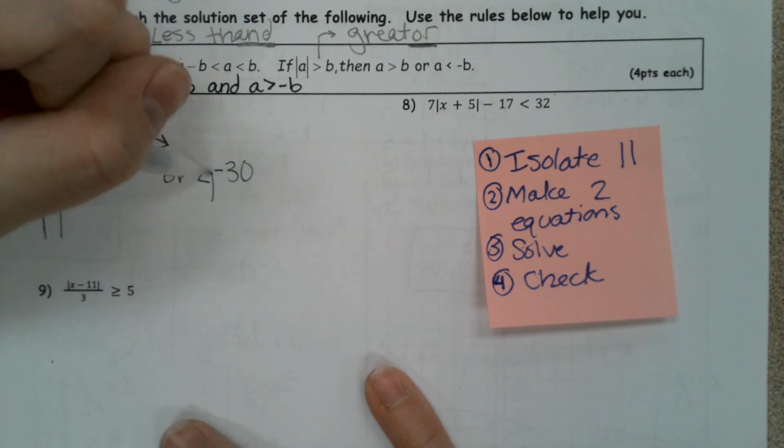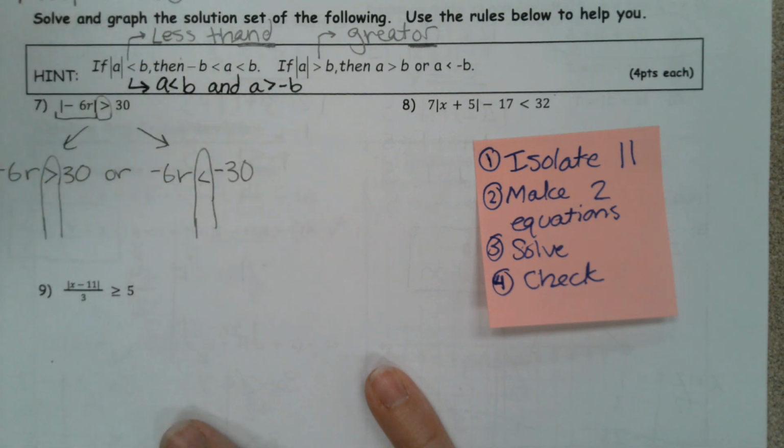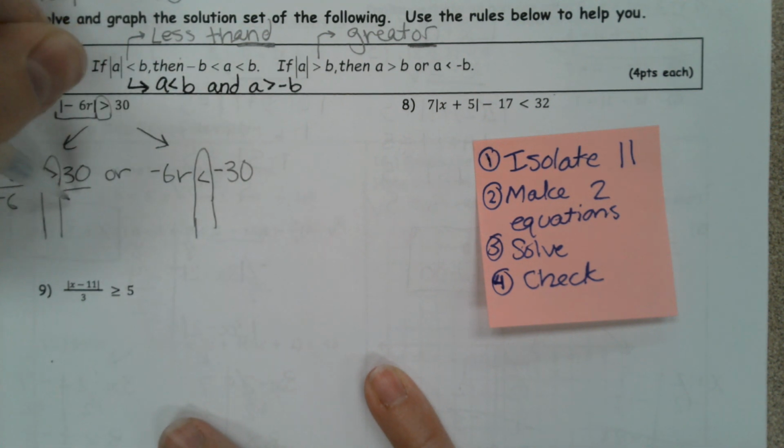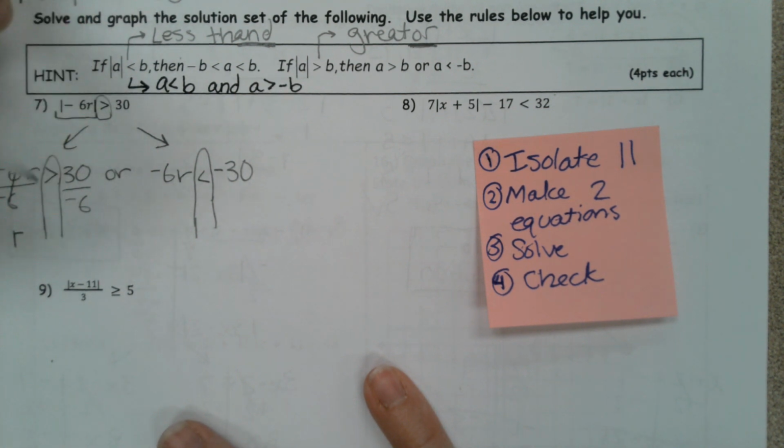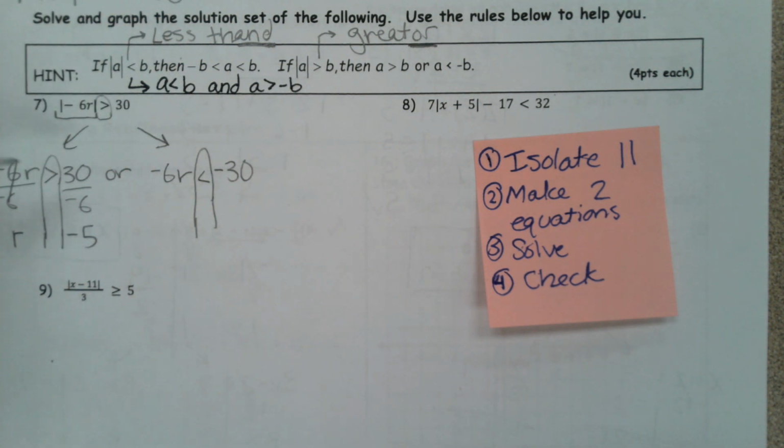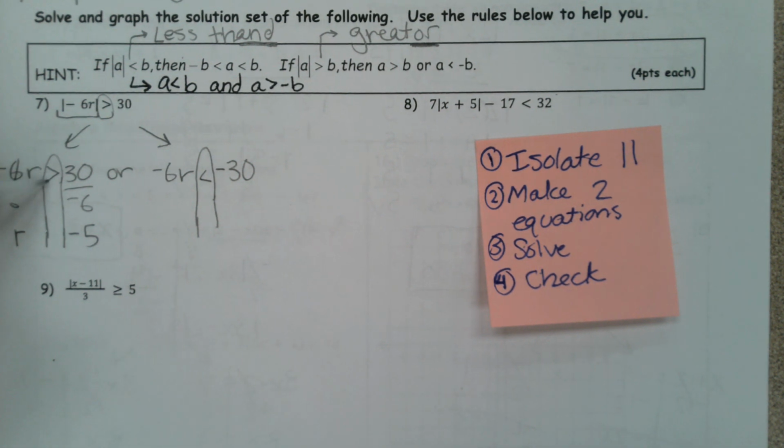Just one step for both of these. We need to divide off the negative 6. This cancels. We have R, 30 divided by negative 6 is negative 5. Something to note with inequalities, hopefully you remember this. The big rule you have to remember is if you divide or multiply by a negative number, you flip your inequality sign.